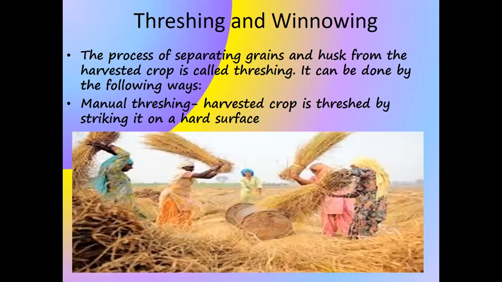After harvesting, 2 methods are followed: threshing and winnowing. The process of separating grains and husk from the harvested crop is called threshing. It can be done in many ways. The first way is manual threshing. The harvested crop is threshed by striking it on a hard surface.